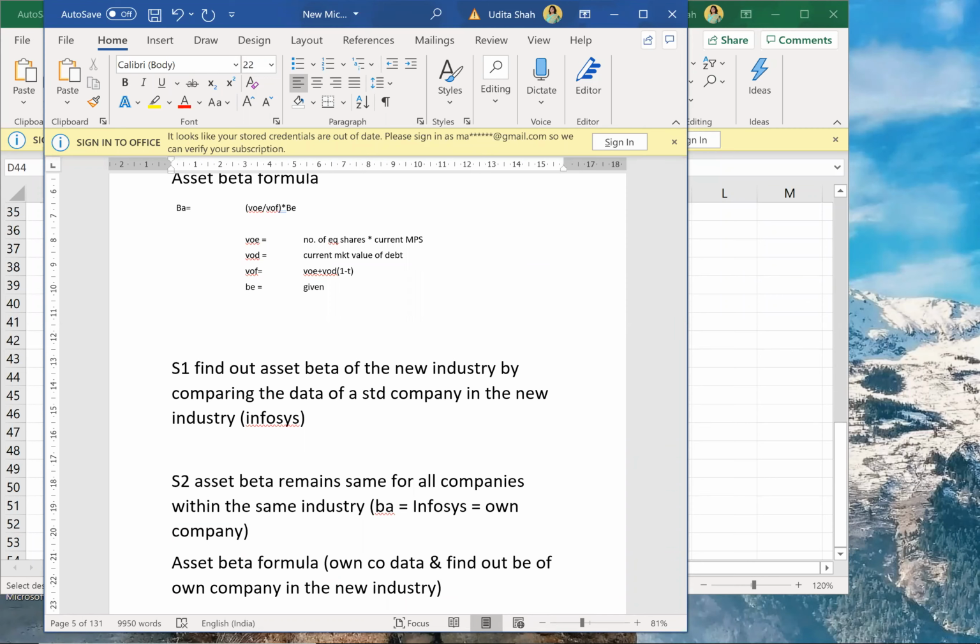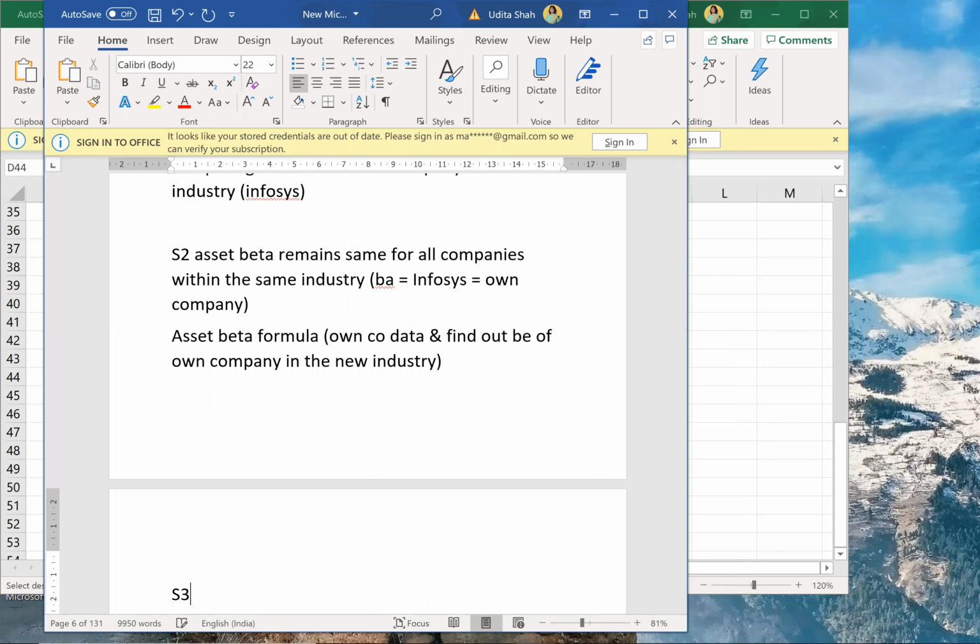I'll take you through these steps one by one when we take our example. So we are using the same asset beta formula in step 1 and step 2, but in step 1 you do it with the standard company's data, and in step 2 you do it with your own company's data.